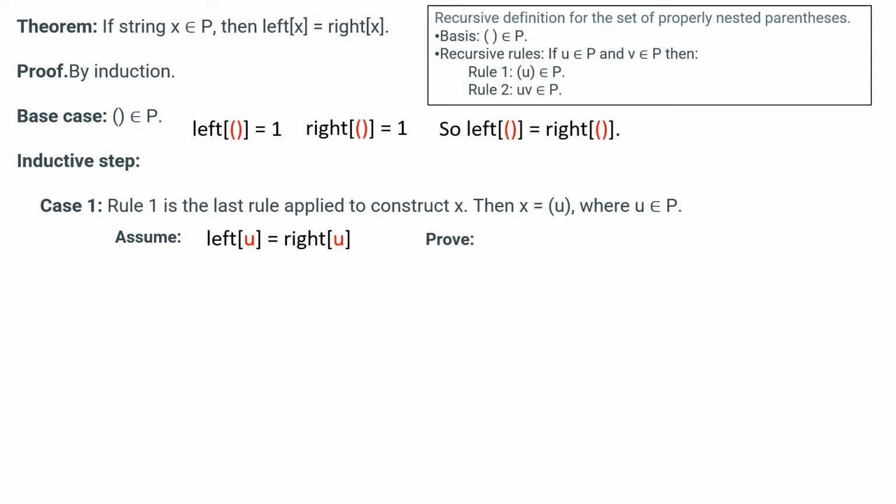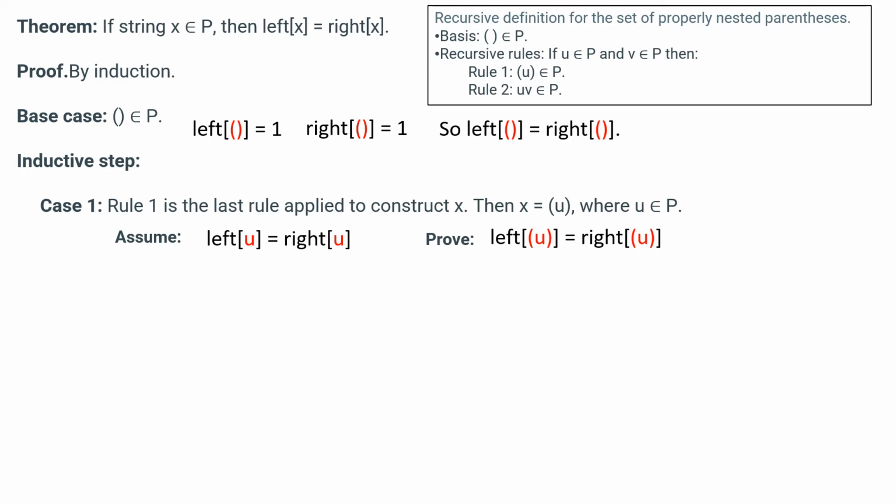And then we're going to prove that once we use this Rule 1, our new element is also balanced. So we would need to prove that u in parentheses, because that's what we would get when we apply Rule 1, has the left of that equal to the right of that, or that it is balanced. So we've got our assumption and we know what we need to prove.